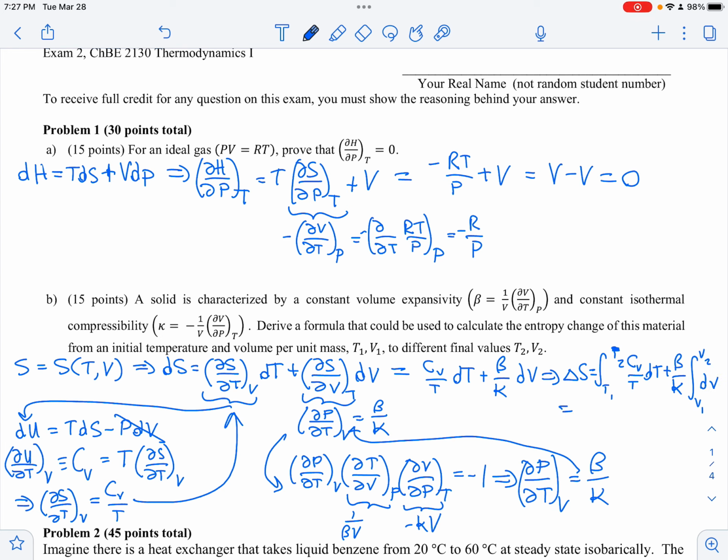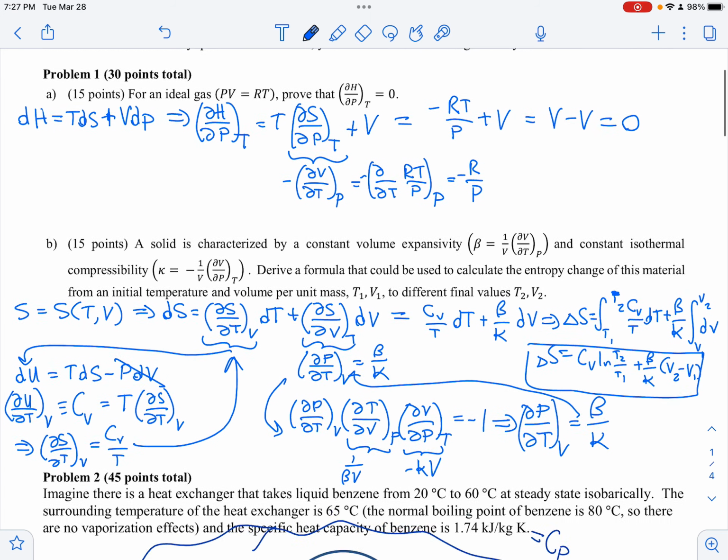And you can solve those integrals. Delta S is going to equal CV ln of T2 over T1 plus beta over kappa times V2 minus V1. And I think we're done.